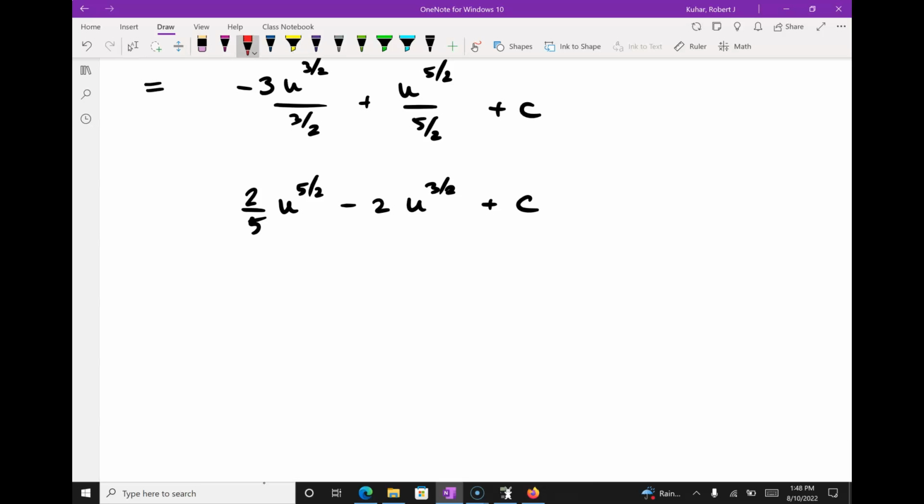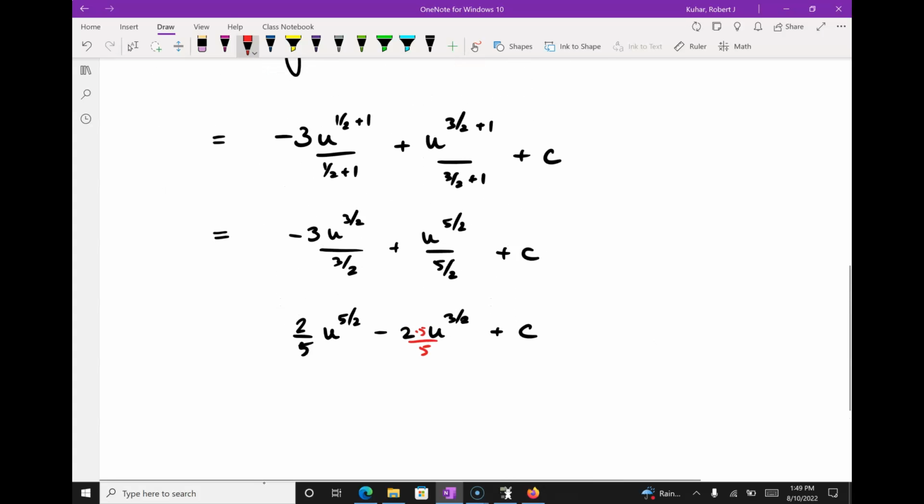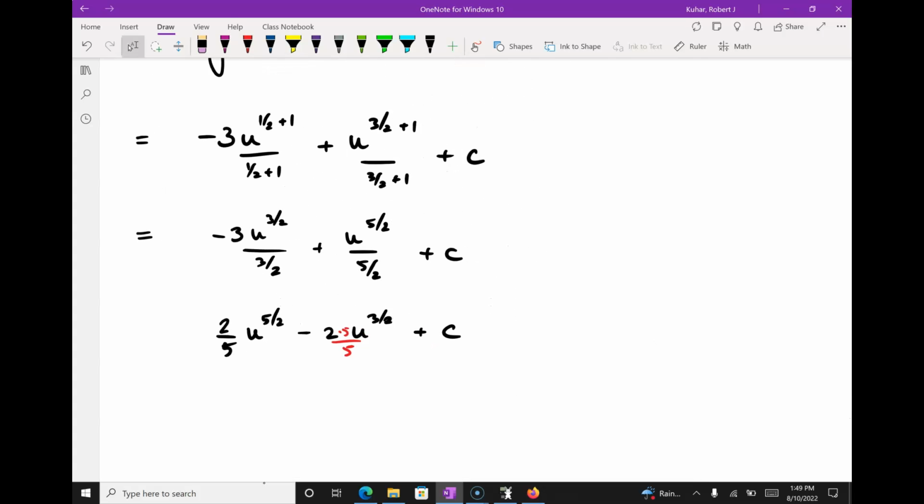I would like to get an LCD, so I'm going to multiply by 5 over 5. Don't let me rush here. Make sure you're with me. So I see I can take out a 2/5, and I can take out a u to the 3/2. And of course, what do I have left over? I have u to the 2/2 minus 5.